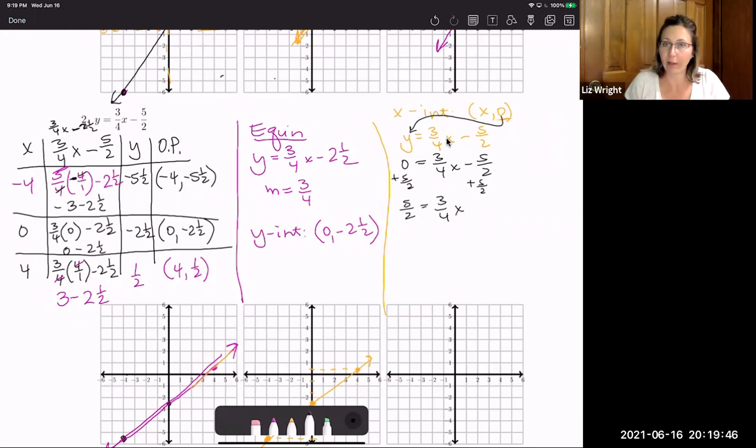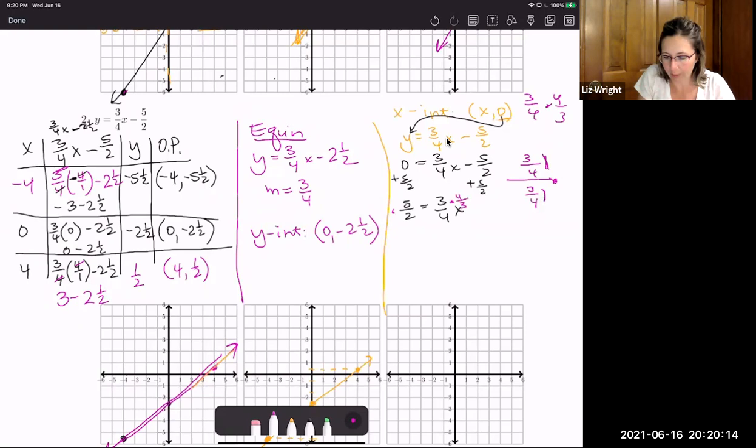And we want to get rid of that 3/4. You can divide both sides by 3/4, which is the same as multiplying by the reciprocal. So again, remember, if we're dividing by 3/4 like that, we change this to multiplication, and then we flip. So it would be 3/4 times 4/3. And if we're going to multiply by 4/3 on one side, we need to multiply by 4/3 on the other.